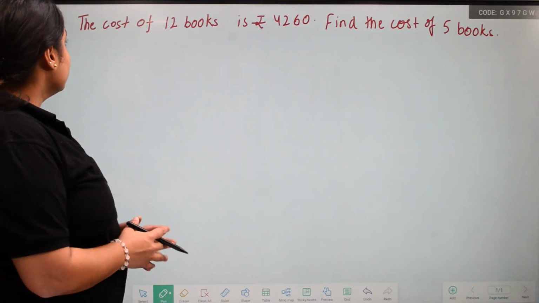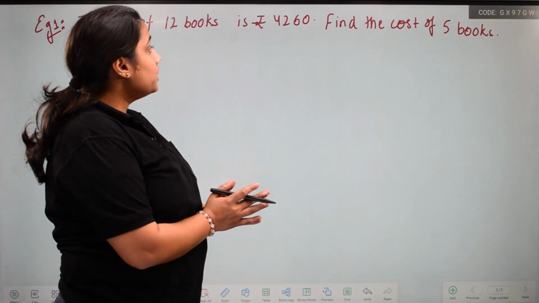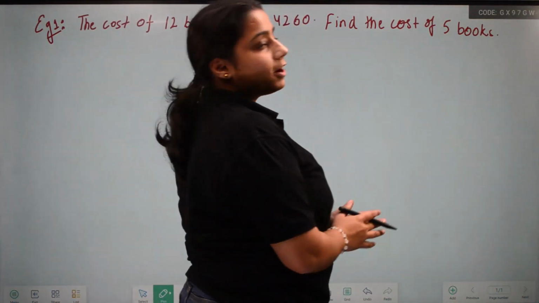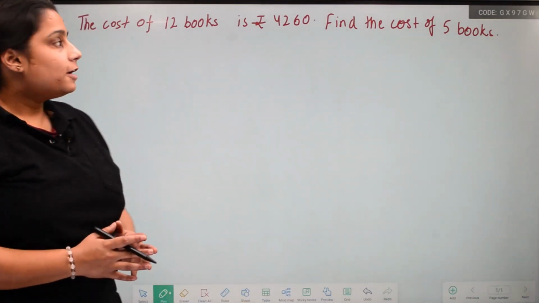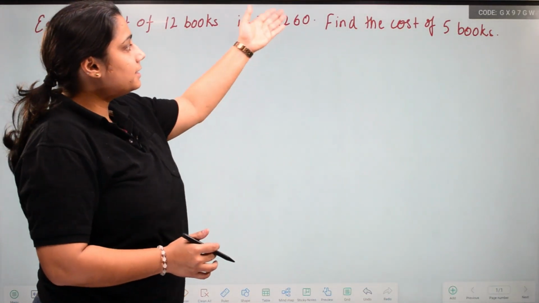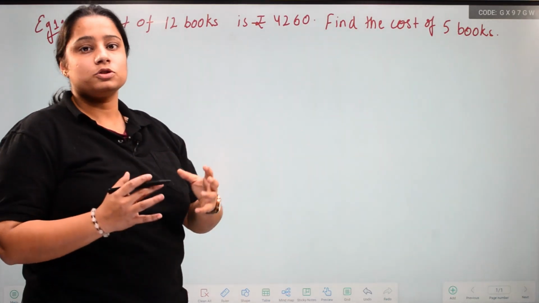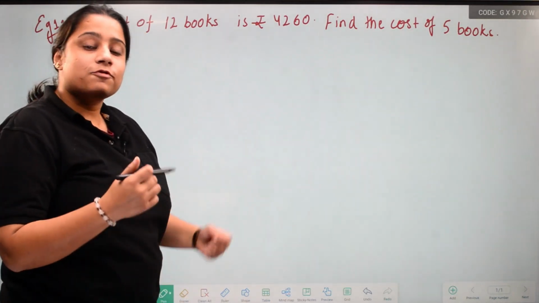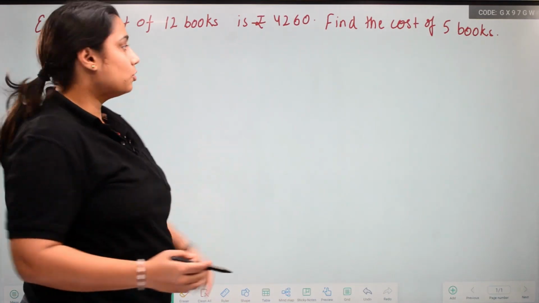Example 1. The cost of 12 books is rupees 4260. Find the cost of 5 books. Here we are given the cost of 12 books, which is 4260, and we need to find the cost of 5 such books. For this, firstly we'll find the cost of one book.